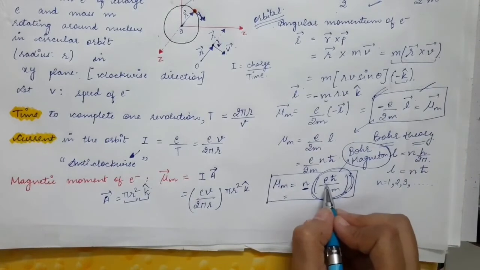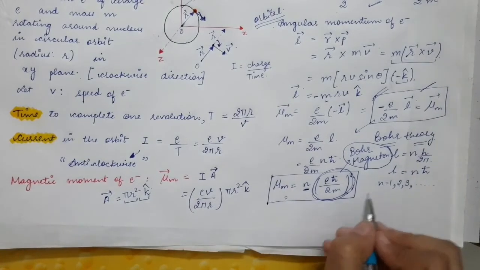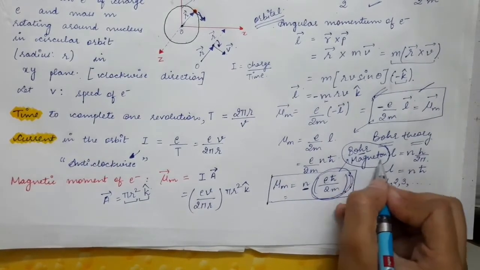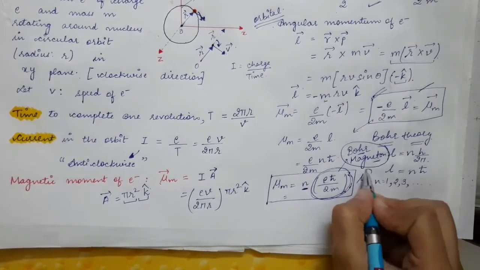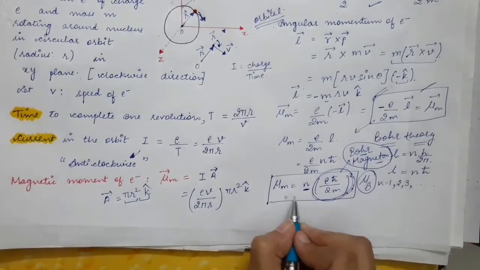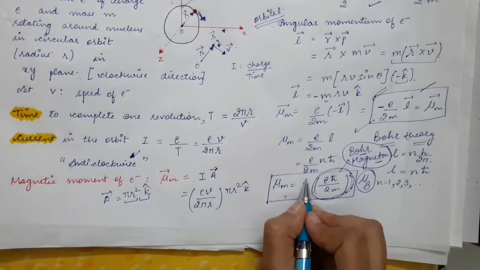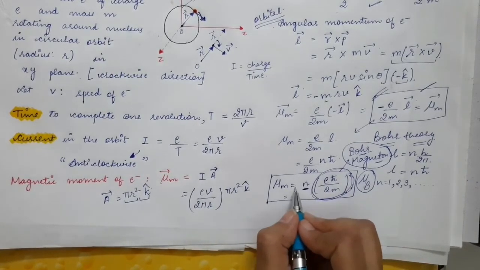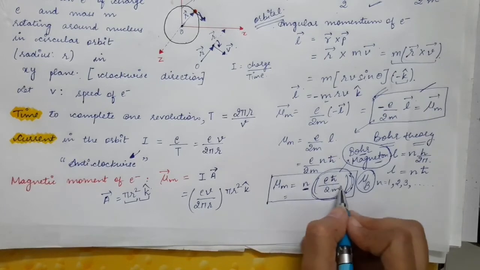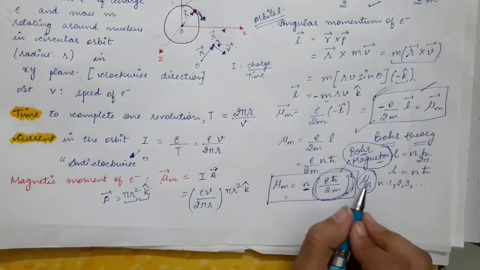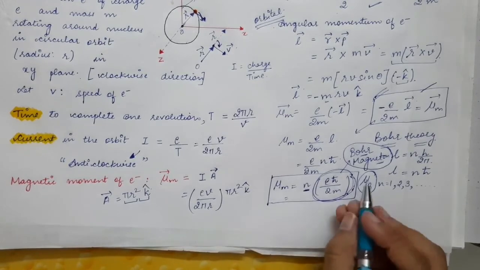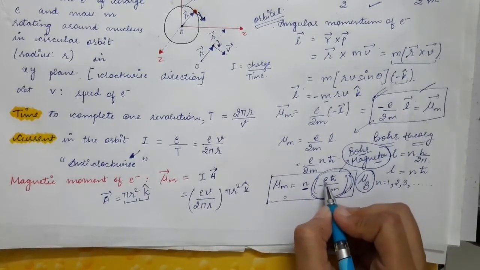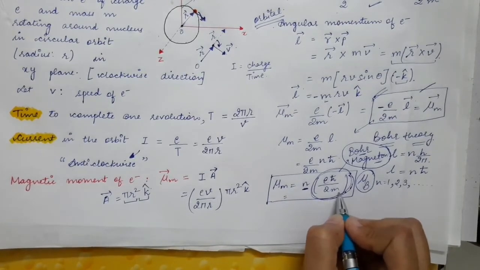So this factor e h cut by 2m is called the Bohr magneton, and it is represented by mu b. So in this equation, if you put n is equal to 1, then mu m will come out to be just equal to e h cut by 2m, and that is called the Bohr magneton, represented by mu b.